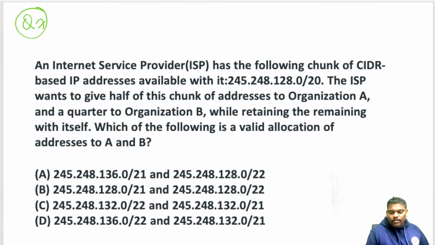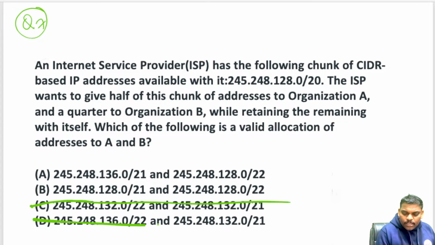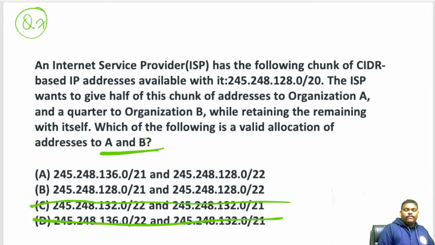First A, next B. A is 21, B is 22. See, this cannot be the answer. First A mask is 21, B mask is 22. The answer is either A or B.